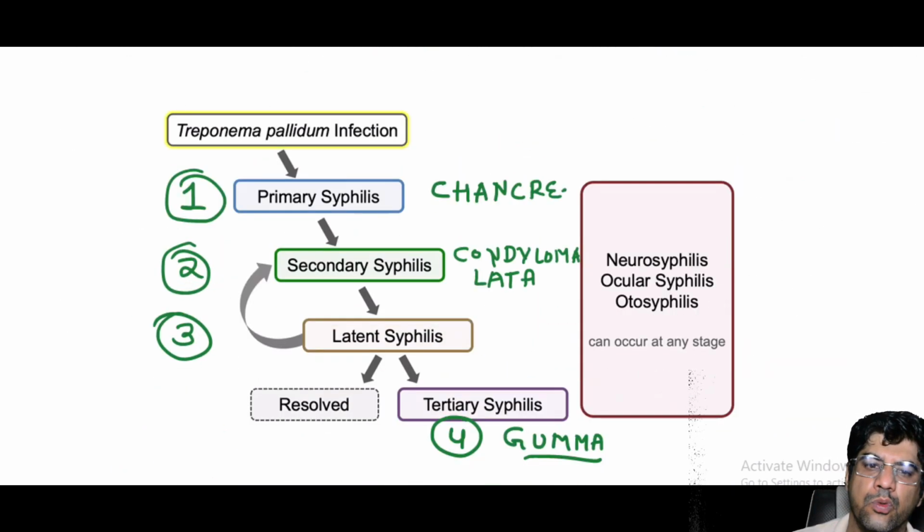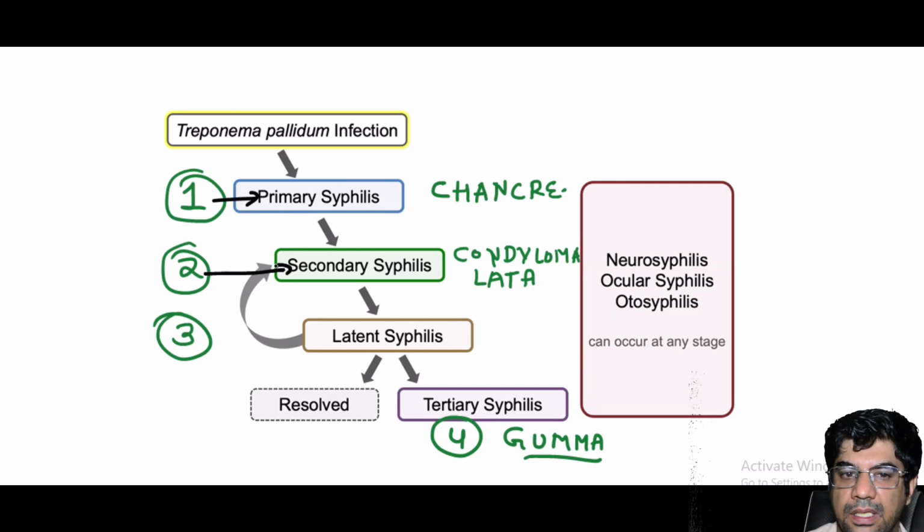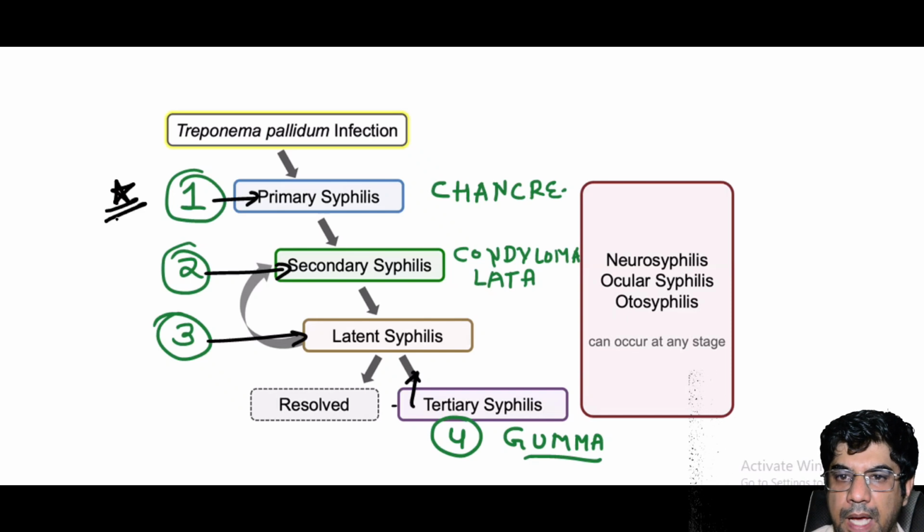Now let us move to the stages of the syphilis. The syphilis progresses through four main stages. They are primary syphilis, secondary syphilis, latent syphilis and tertiary syphilis. So let us start with the primary stage.